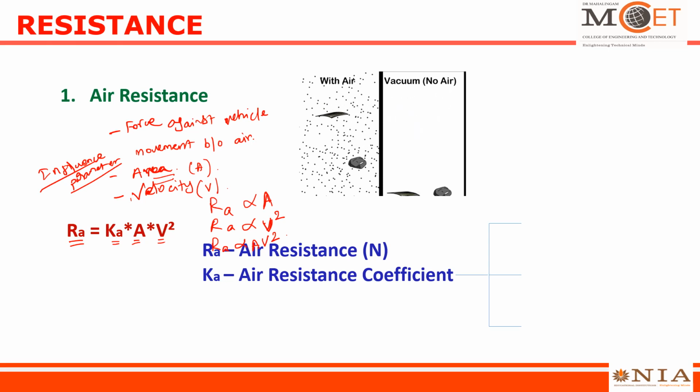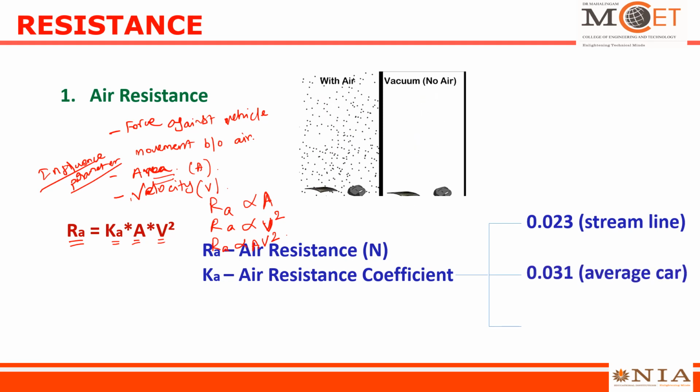If the vehicle has a streamlined body, air resistance can be reduced. So if it is a streamlined body, the air resistance coefficient will be very minimum. That may be 0.023 if a vehicle is streamlined. For an average car, we take it as 0.031.